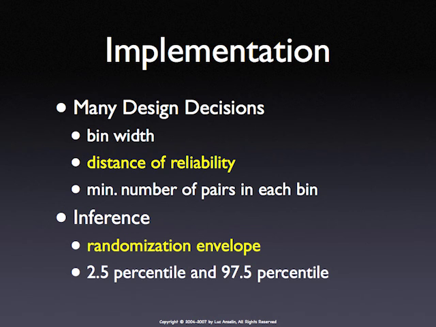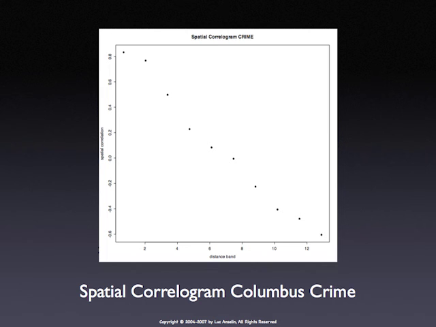After we do this a number of times, say 100 times, then for each distance reference point or each band, we have a distribution of the estimates for the correlogram that we get for the random samples that we created, the spatially random samples.